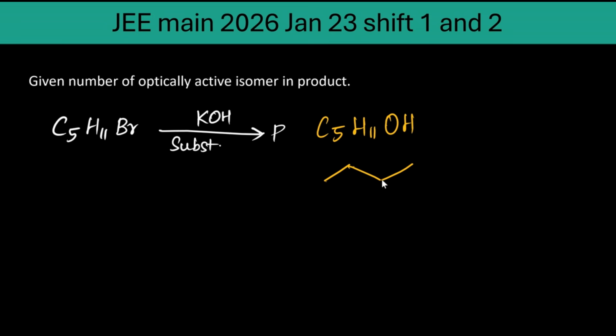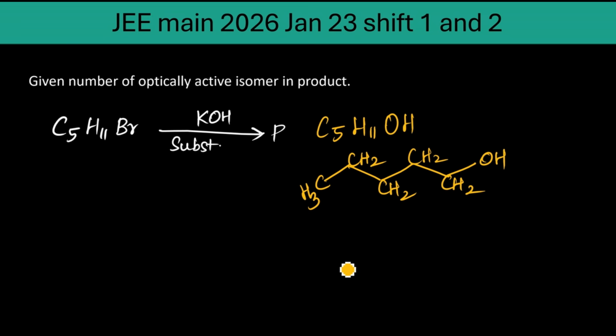One, two, three, 4, 5, and then OH, CH3, CH2, CH2, CH2, CH2. Okay, 8 plus 3, 11.